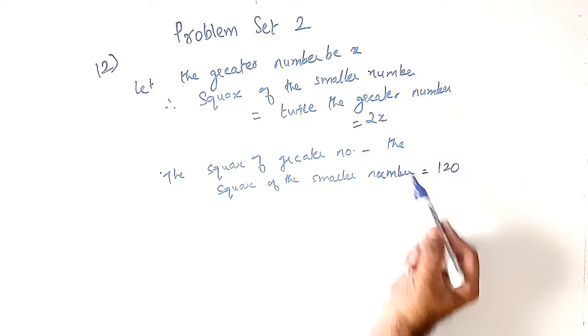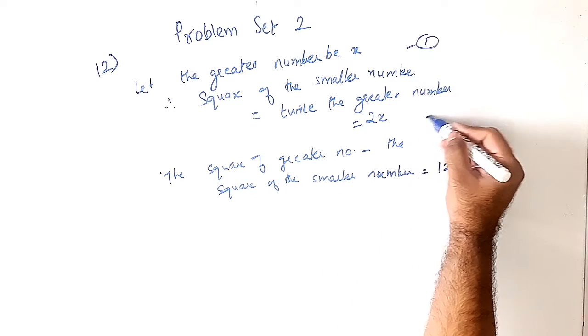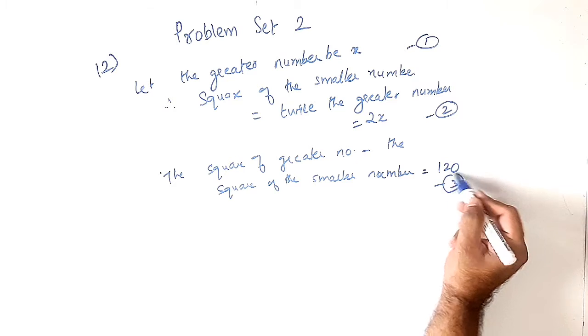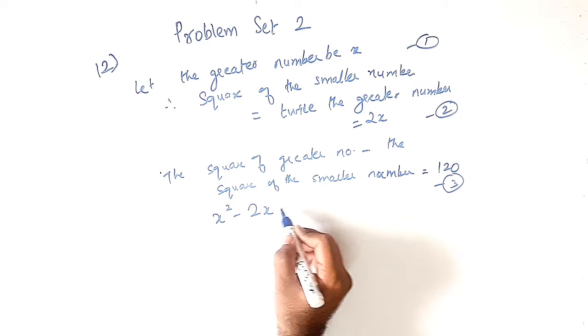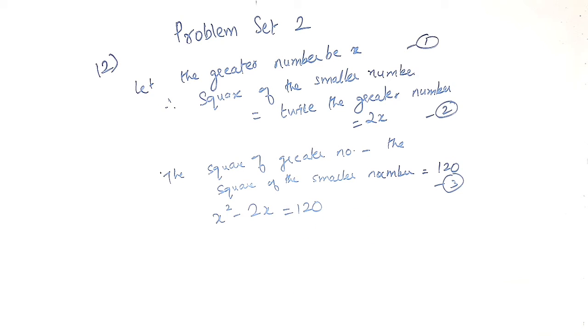From 1, 2 and 3, I'll take this as 1, this as 2 and this as 3. We will write x square minus 2x is equal to 120.